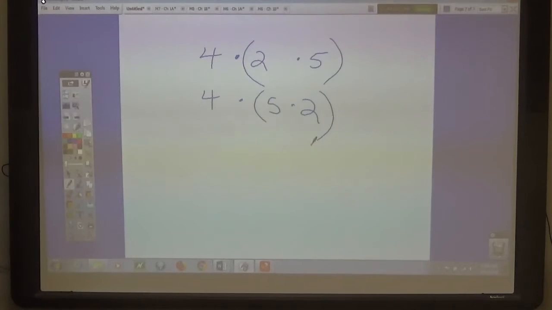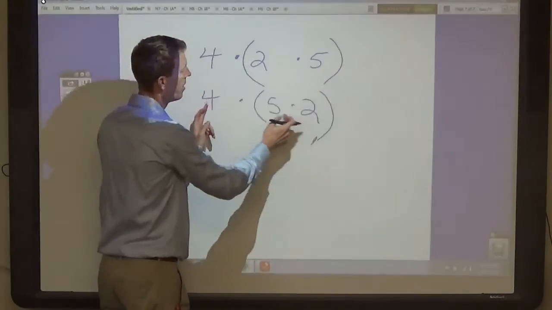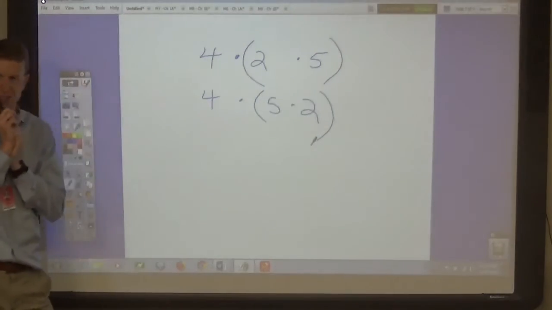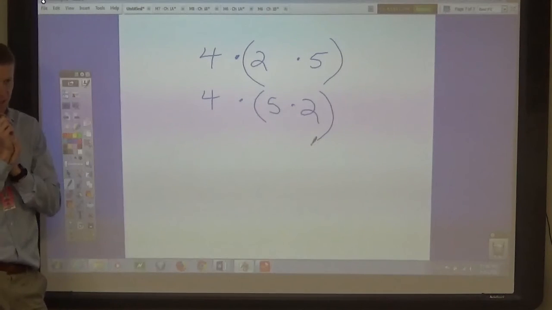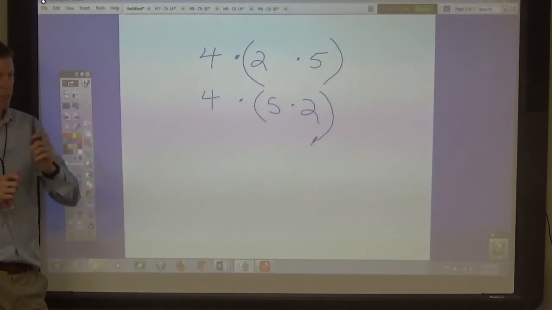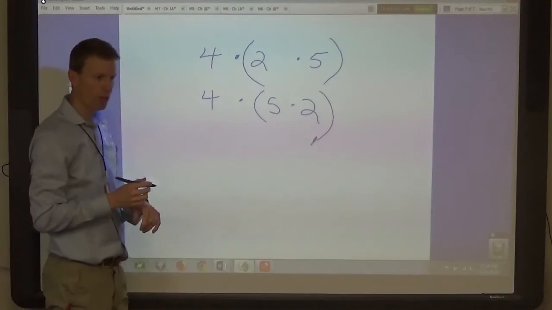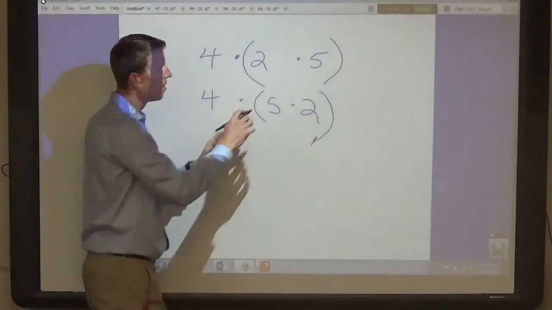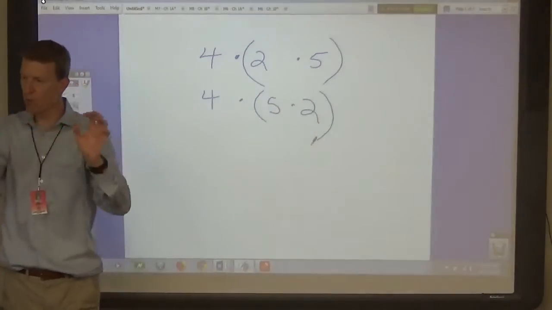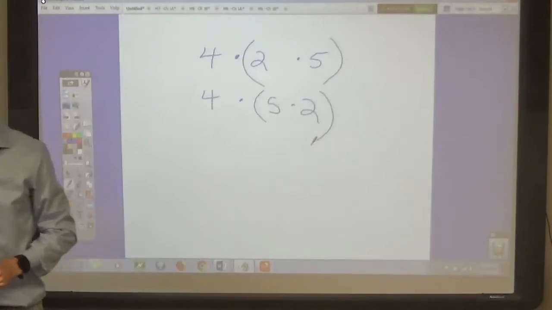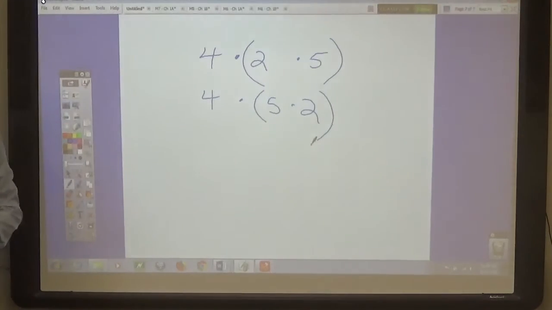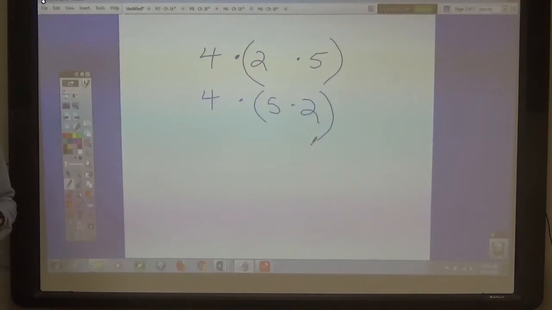Which property is that? Are the numbers switched around? Or is the order that you're doing these in switched around? Sam? Commutative property. You're right, that's the commutative property, because the 5 and the 2 are switched around.